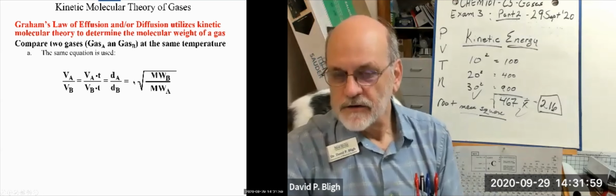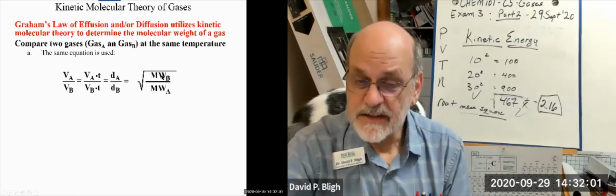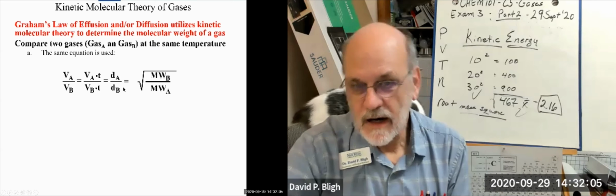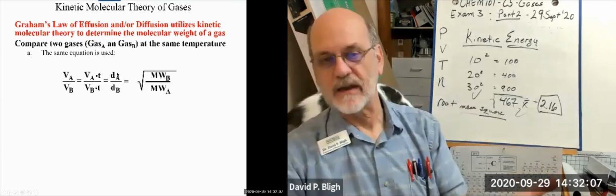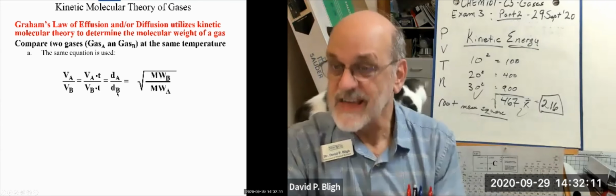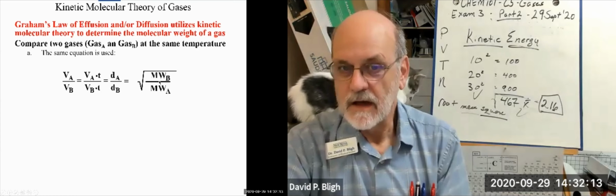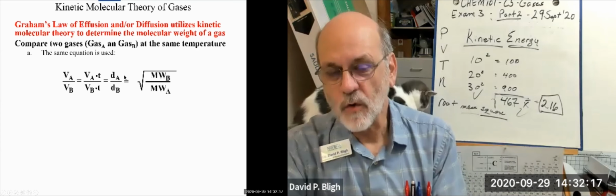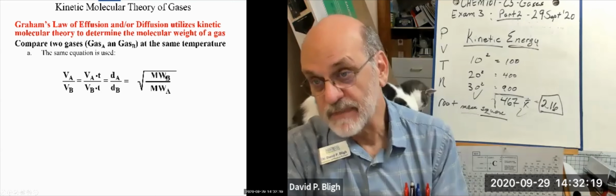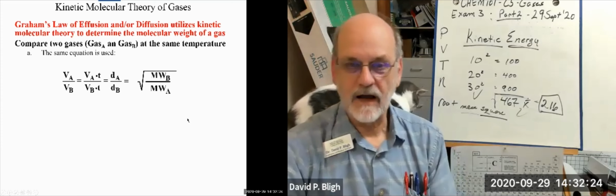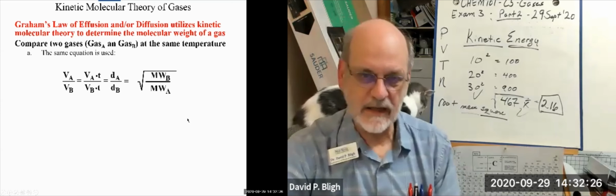Okay, so what that means is the distance that B travels, let's just, for argument's sake, A is light and B is heavy. So the distance that A travels is going to be greater than the distance that B travels to give us this ratio.